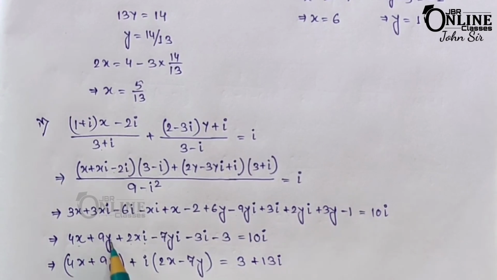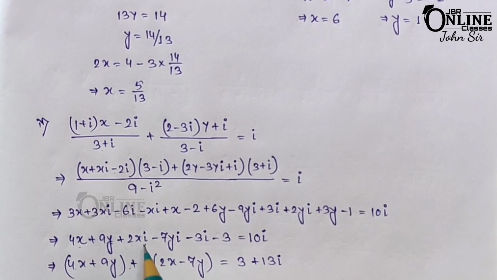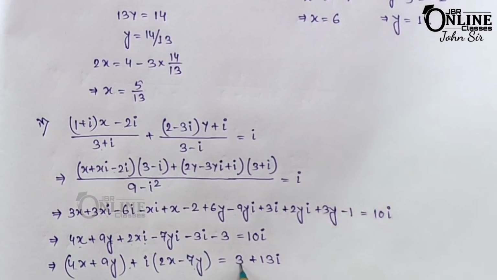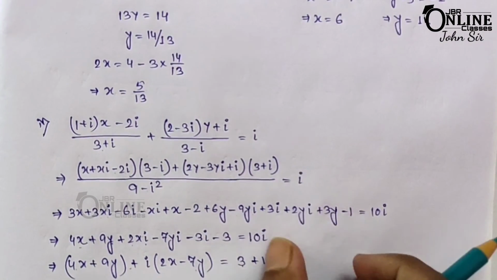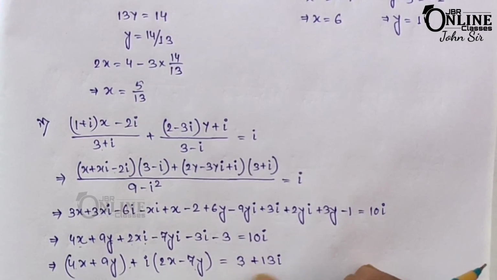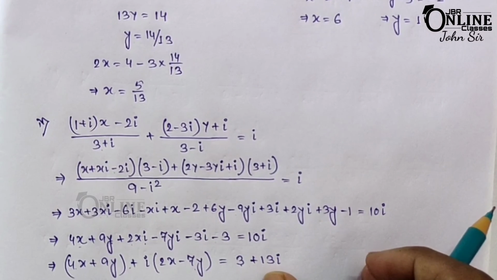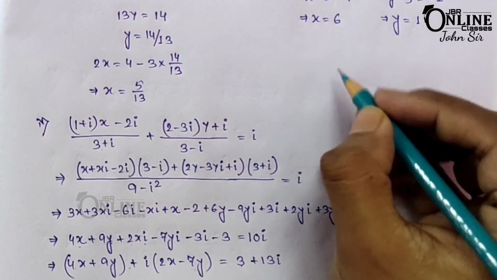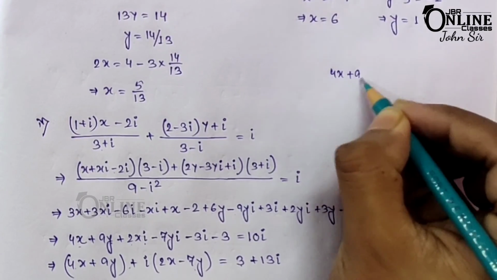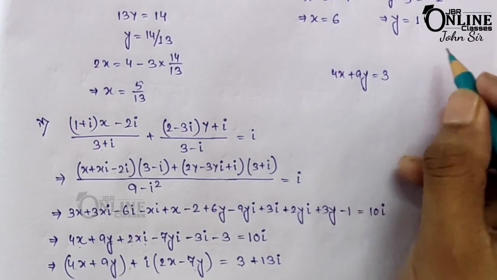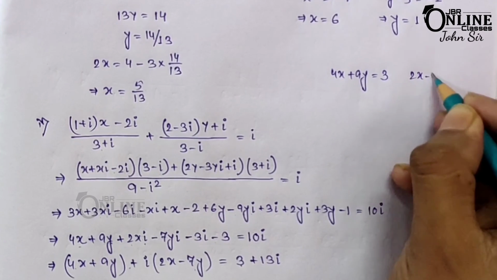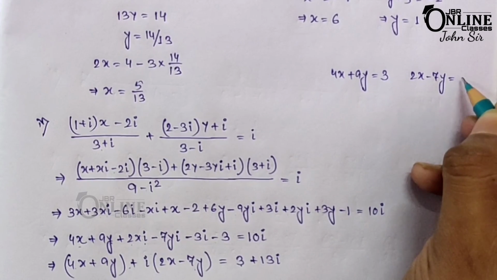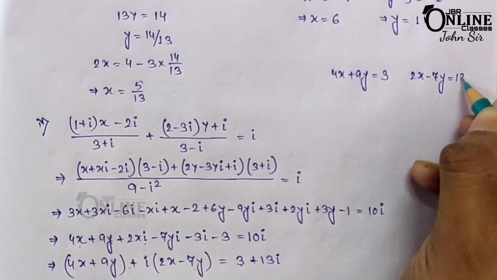Now 4x plus 9y plus, if i will be common, (2x minus 7y)i and 3 will be on the right hand side, so plus 3, and then 10i plus 3i equals 13i. Now if you compare both sides, you will get 4x plus 9y equals 3, and 2x minus 7y equals 13.